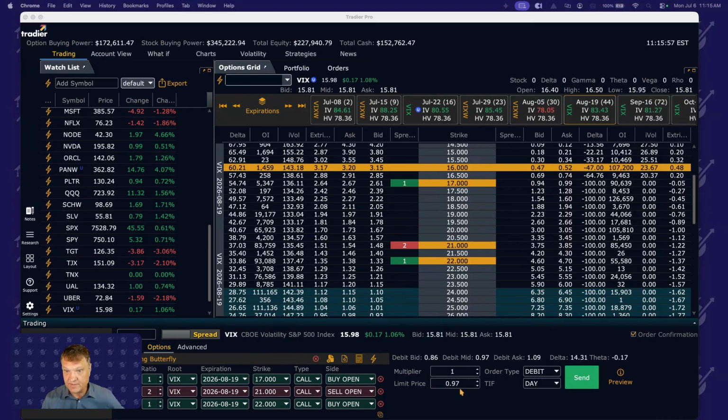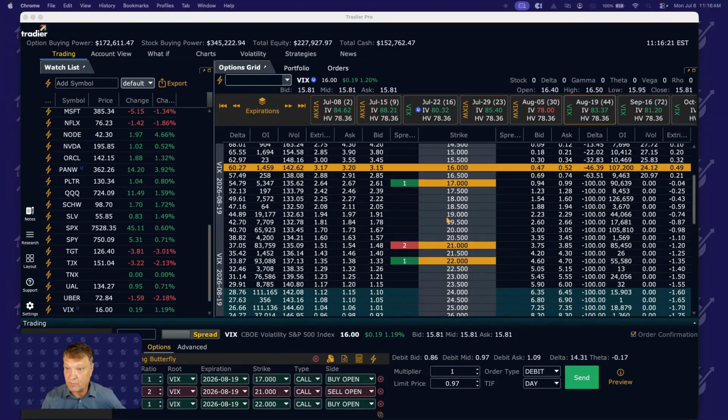Still at that price. So with the VIX trading at exactly 16, we are going to look to do an open wing butterfly. We have the futures for the August 19th expiration, 44 days away, trading at $18.65.